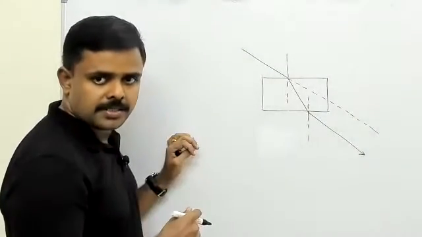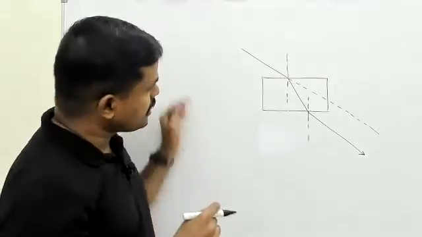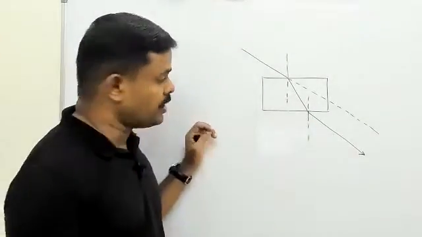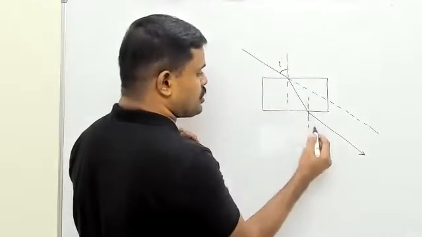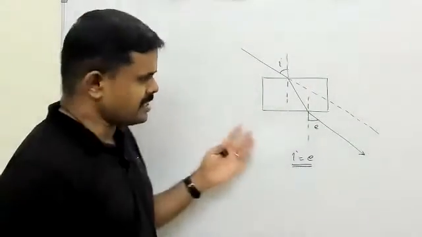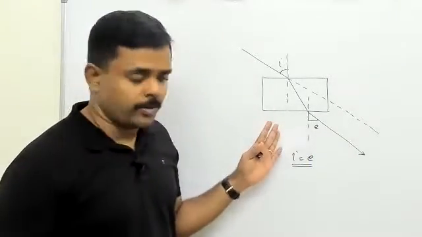We have proved this in class. That proof is an important question, it's there in the textbook: show that the incident ray and the emergent ray are parallel to each other. Just write it down if you want. In that case, you will show that the angle of incidence is equal to the angle of emergence. So just in case you have a question like this, note this down. The proof I'm not discussing now.